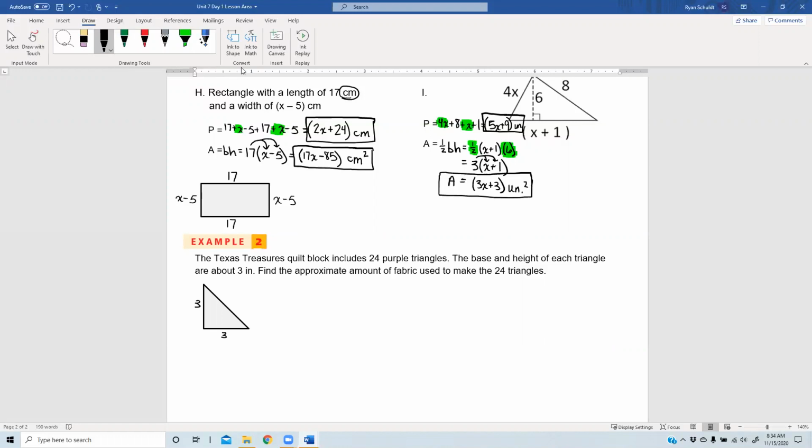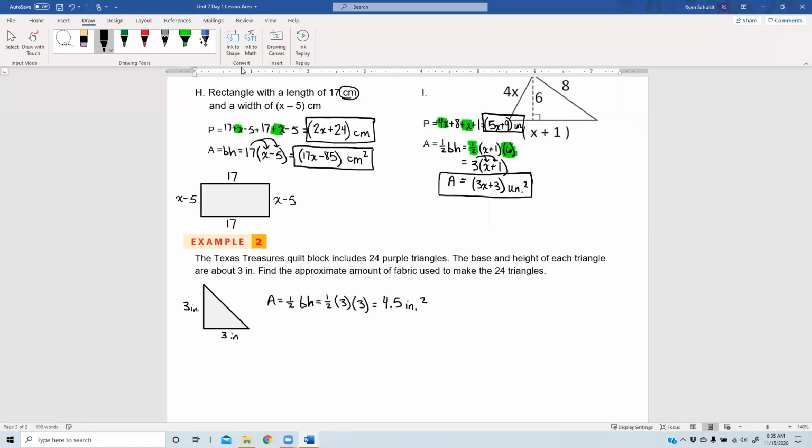Well, let's find the area of 1, and then I can find the area of the total. So area is 1/2 base times height. Give me 1/2 of 3 times 3, which is 4.5 inches squared. This is 3 inches. I didn't put my units.